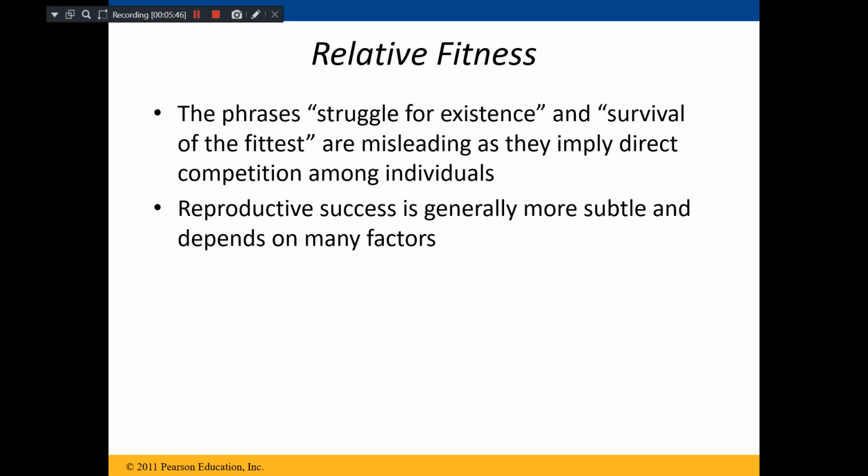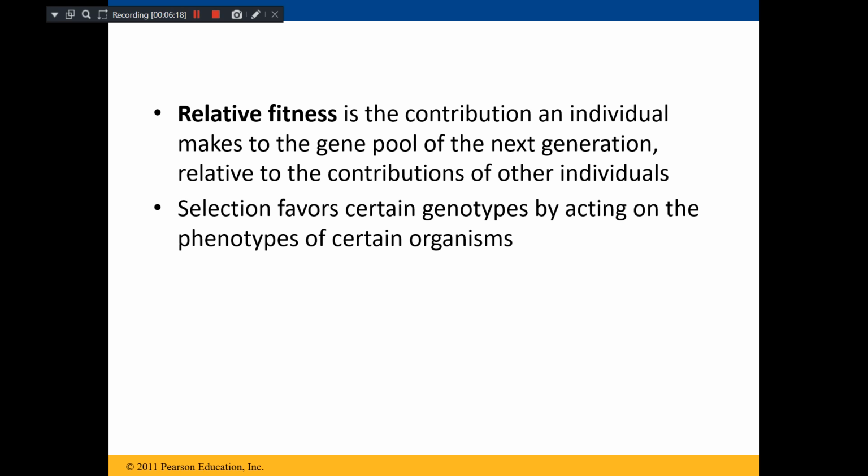They should have maximum reproductive success so that in the next generation the offspring will have more of such variation. It is at a very subtle level, and the reproductive success of an organism does not depend on either physical strength or mental strength or anything, but on very many factors. There are so many factors which contribute to the reproductive success of an organism.